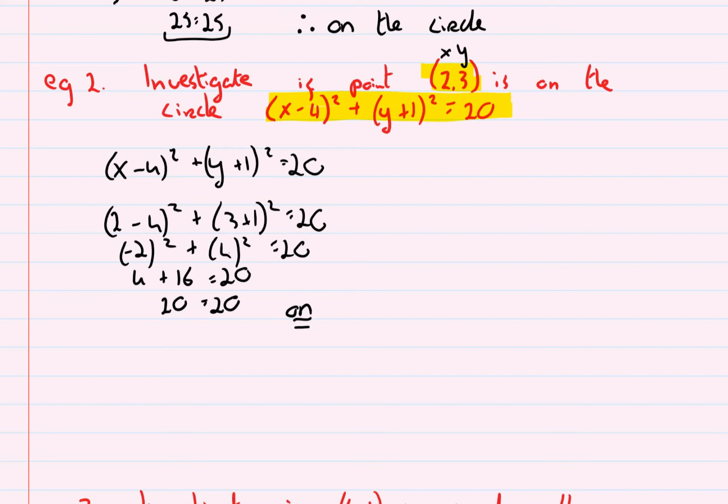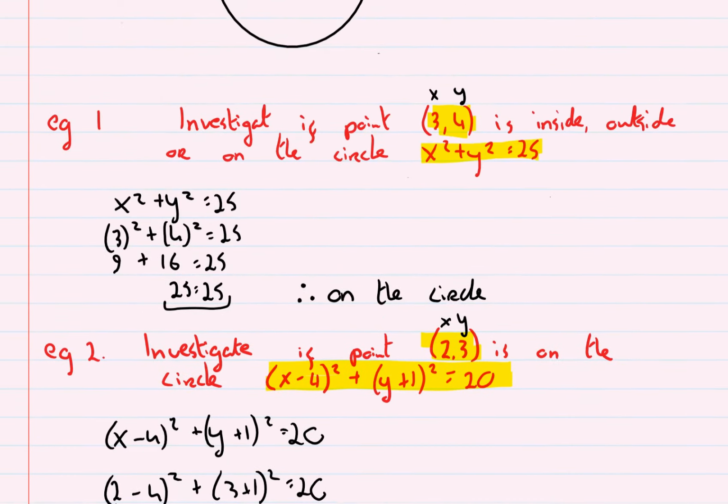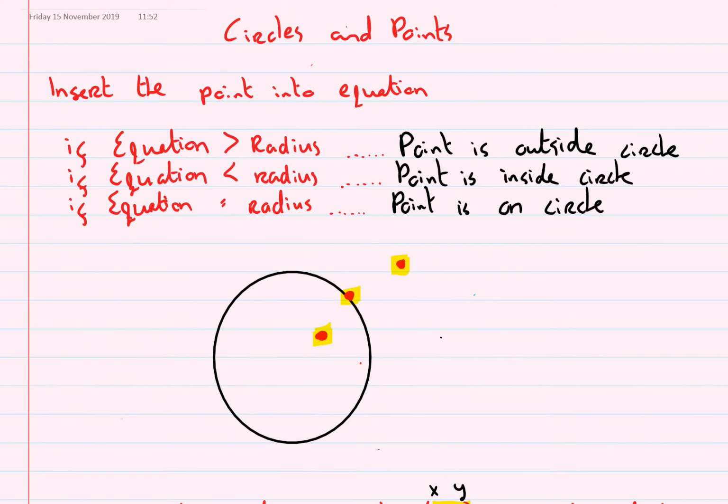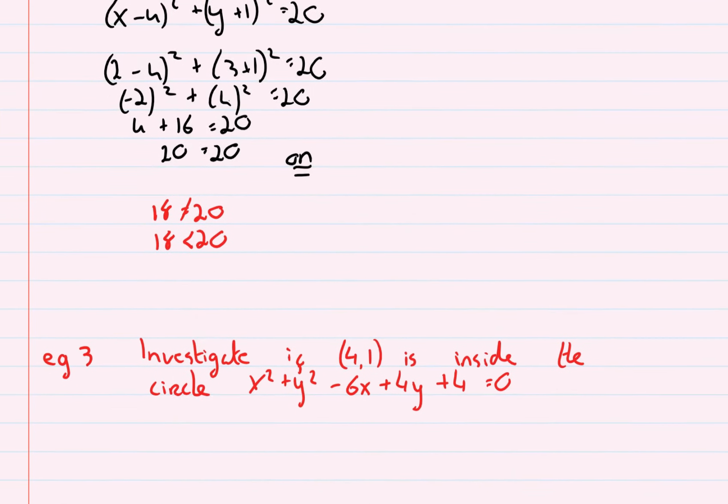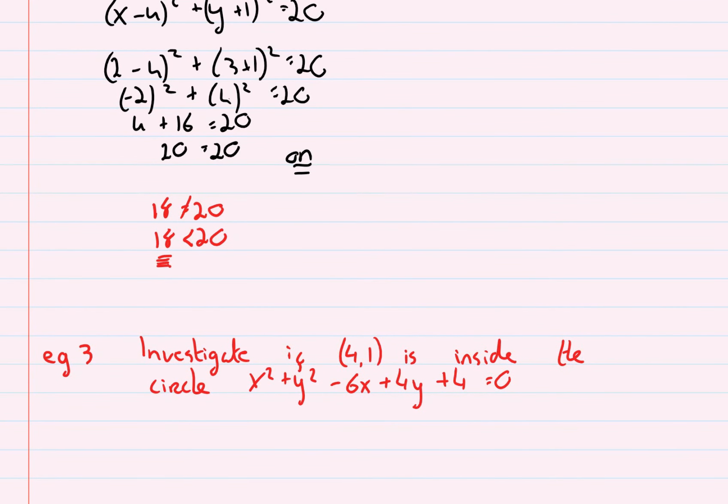Okay. Let's just say we slotted in the points and we got 18 equals 20. But we'd say it's not equal to 20. 18 is less than 20. And looking back up here, the number we got out of the equation would be less than the radius.